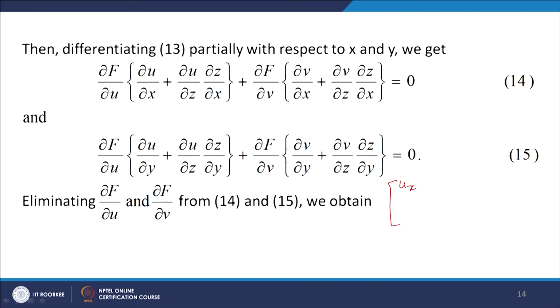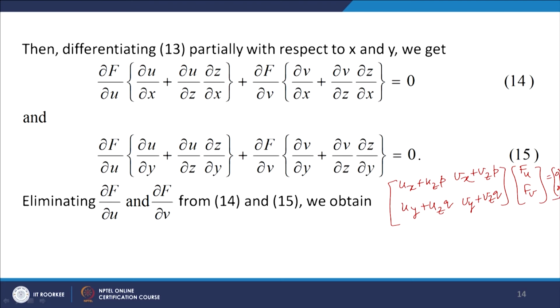So, u_x plus u_z into p, and then we have u_y plus u_z into q, and then v_x plus v_z into p, and v_y plus v_z into q, multiplied by the partial derivatives f_u, f_v equal to 0. So, we will get this.